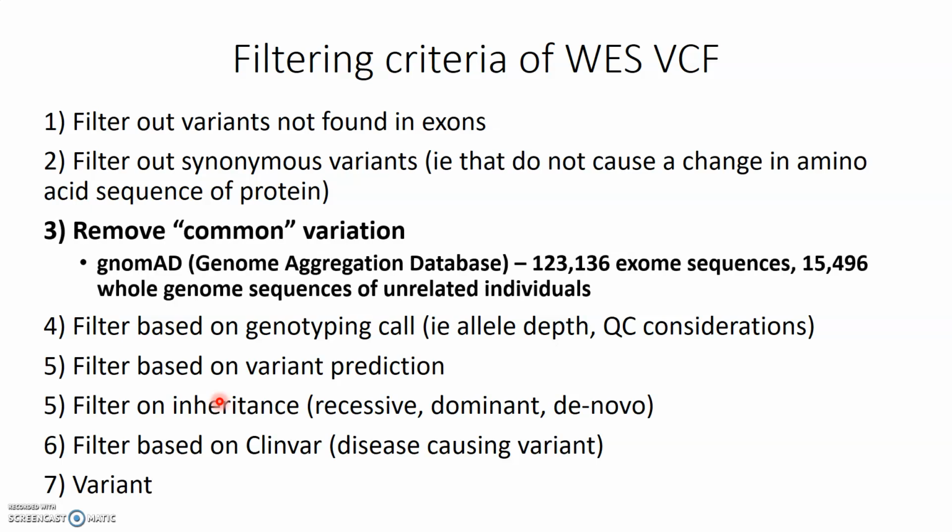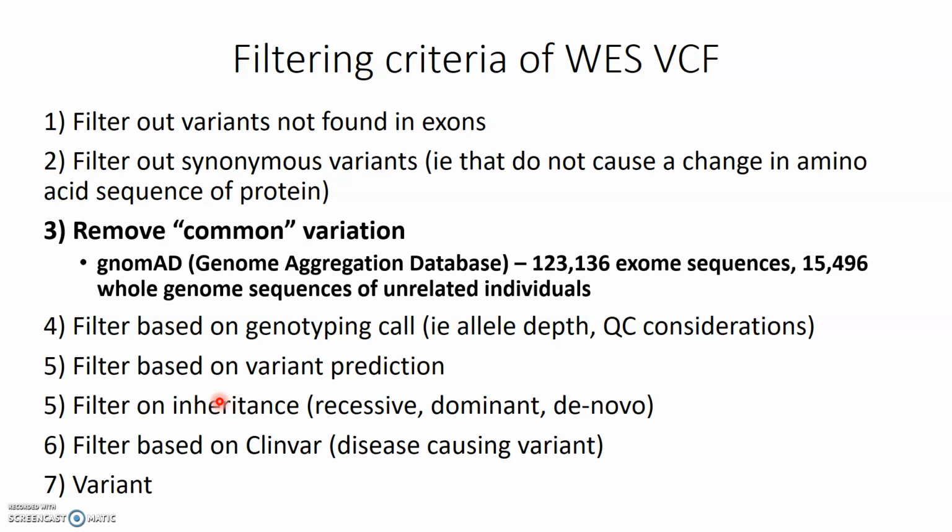We can remove common variation, and we often do this with a very well-known web-based tool called gnomAD, or Genome Aggregation Database. This has about 123,136 exome sequences from the general population and about 15,500 whole genome sequences. And these are all of unrelated individuals. Presumably they should all be healthy.